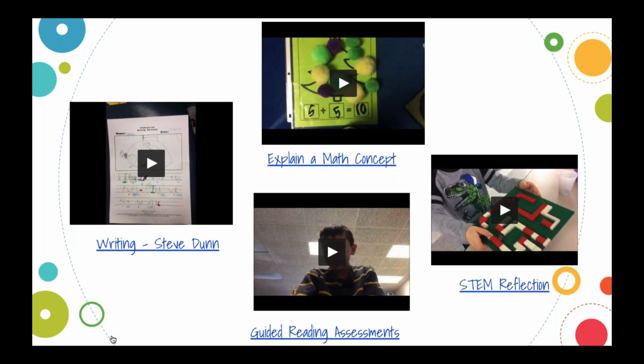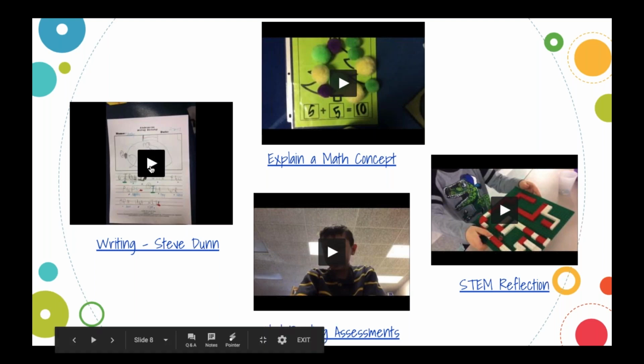Well, I always like to say being a fly on the wall, and I have a few of those examples. One, I organize my Seesaw into different folders. So I have what's called, we do our Steve Dunn writing.